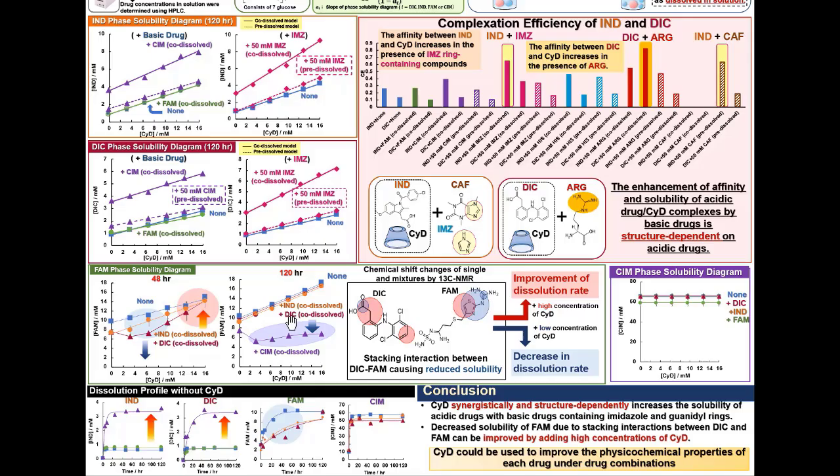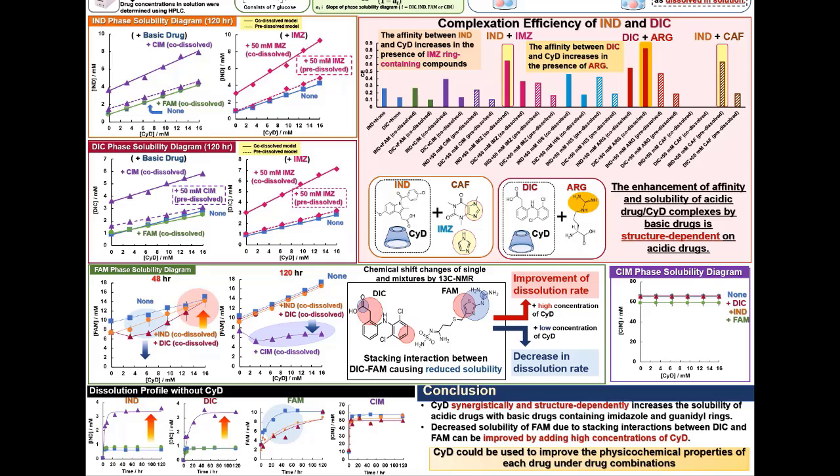On the other hand, there was no significant difference in the solubility after 120 hours of shaking in the presence of indomethacin and diclofenac. The figure shows the intermolecular interaction points between drugs based on NMR spectra.